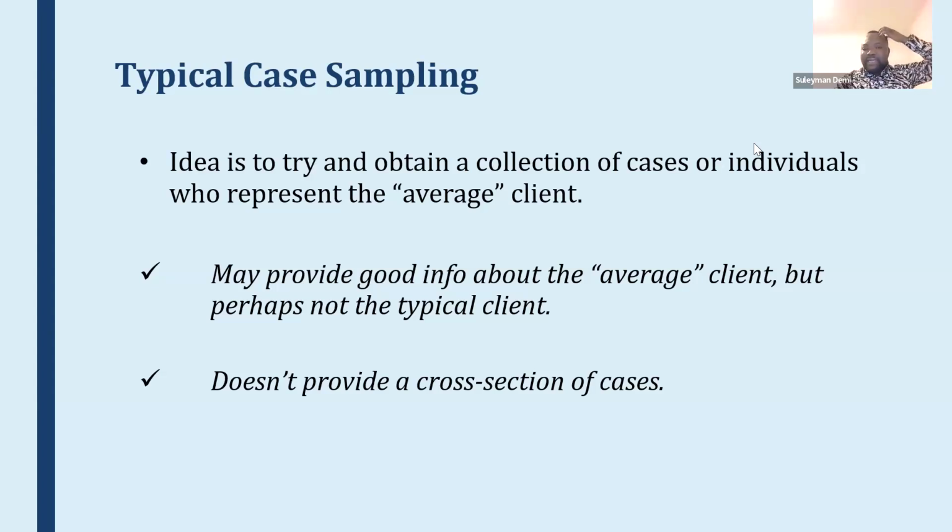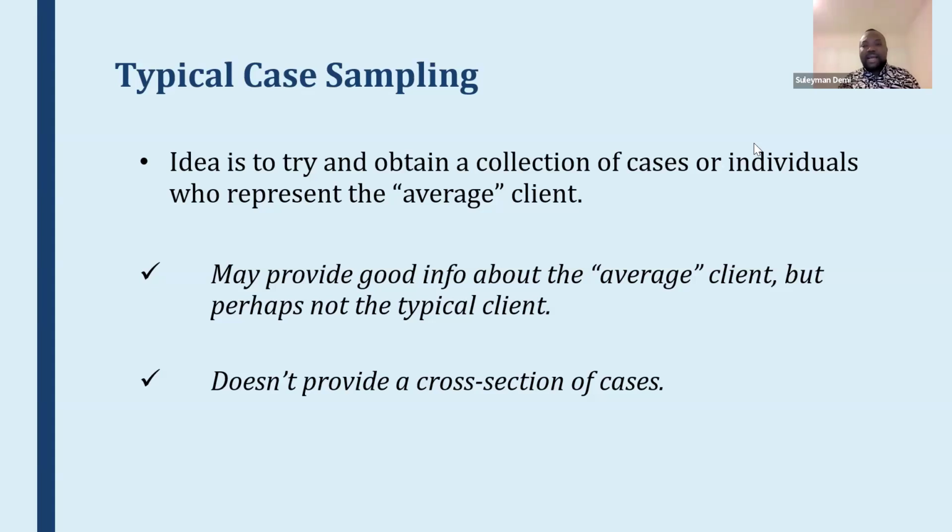The typical case is normally when you are looking for the average. So for example, let's assume that you want to look at student attendance and its effect on performance. When we talk about a typical case, it means that you are looking at somebody who has an average attendance, not too low, not too high.